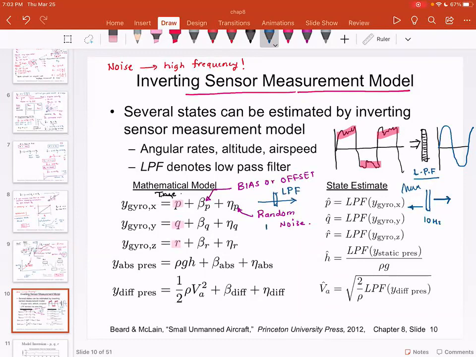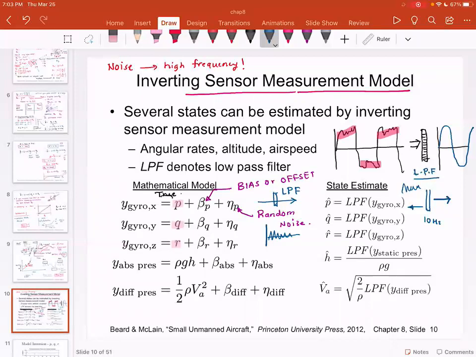The random noise, which is usually a high frequency component, gets filtered out. When you do a low pass filter, you cancel out the majority of the random noise.